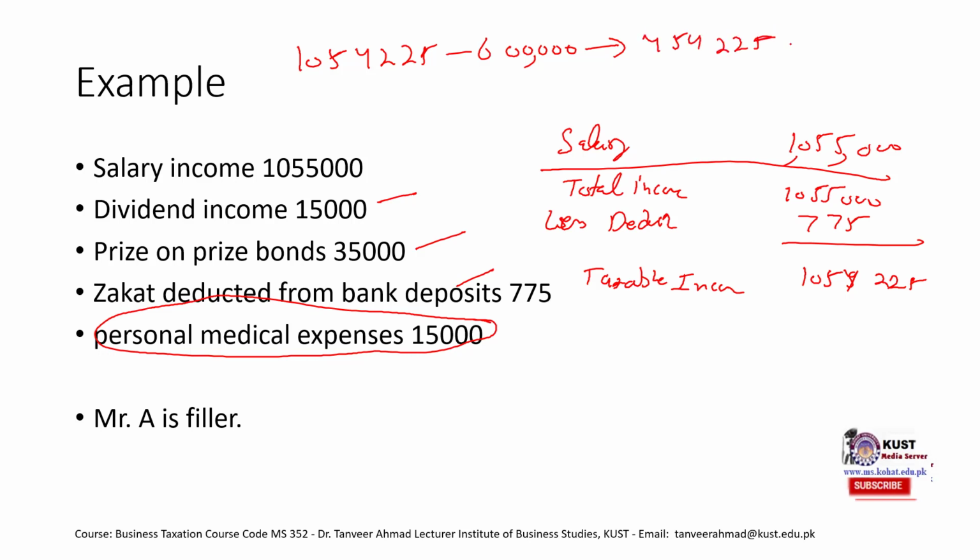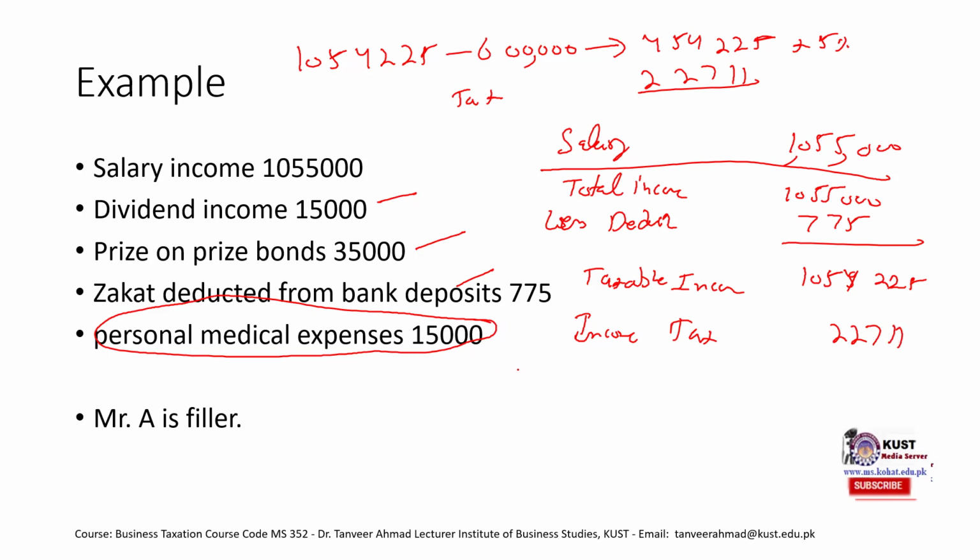We have to pay 5% on this amount. So the 5% on this amount would be 22,711. This would be our income tax, right? So income tax becomes 22,711.